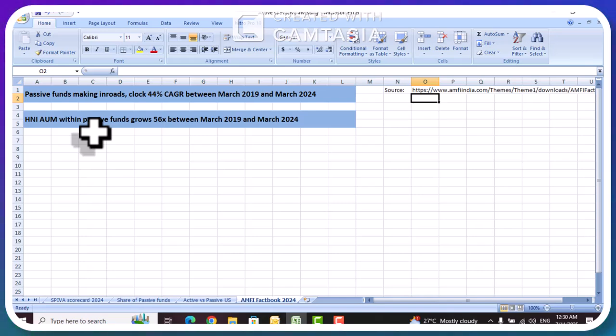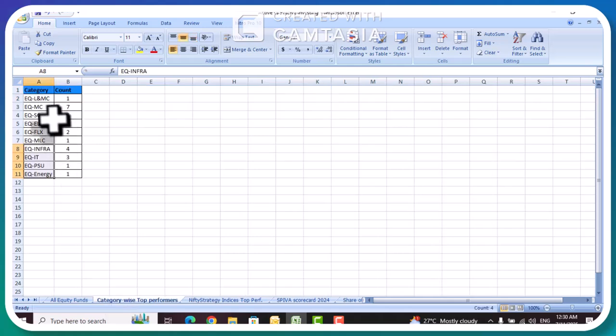So on that note, I would also like to specify, it doesn't mean that active funds don't work at all. They do work, probably. And that is evident in this count over here. If you see, most of the top performers in the active fund categories are from the small and mid cap category. I believe the reason is that small cap stocks and a few of the mid cap stocks are covered less, they get less analyst coverage.